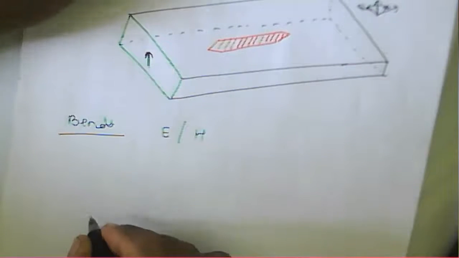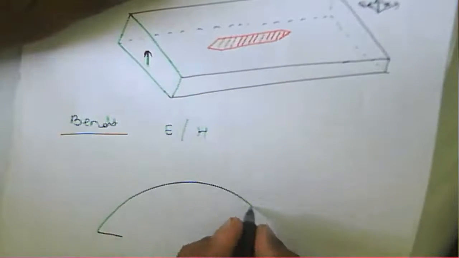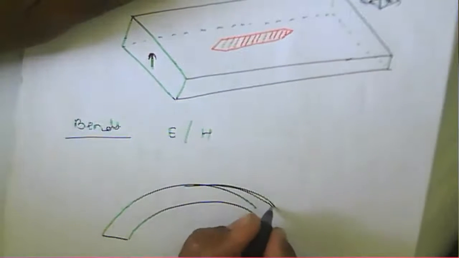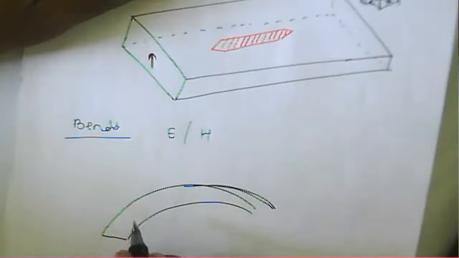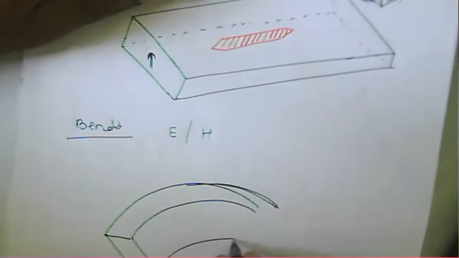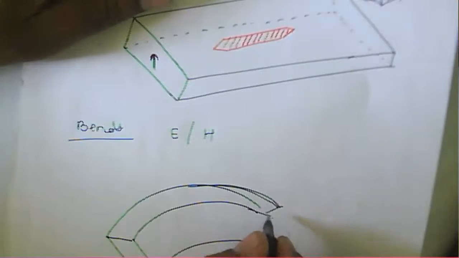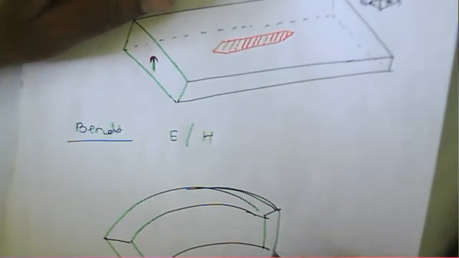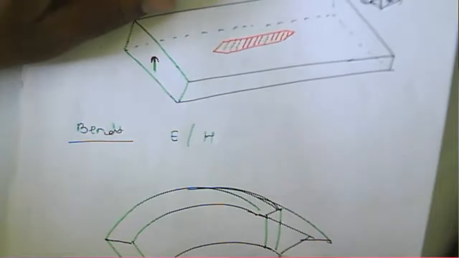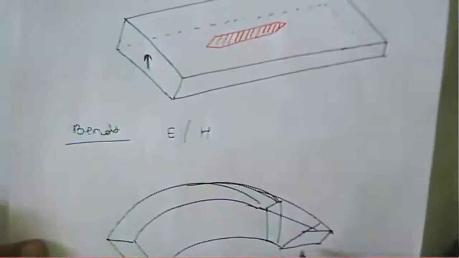Suppose I'm going to draw a waveguide. So you get the idea clearly. In that case, what happens?